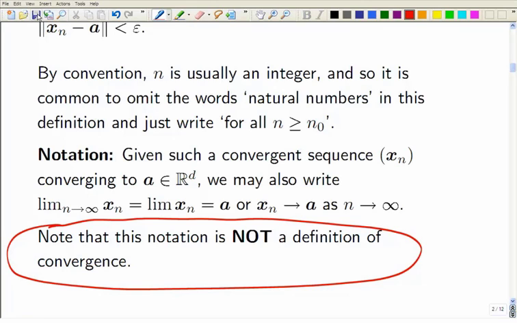I need a definition you can work with. I need the standard definition from the module. So you have to give a helpful definition. So these are just notation. Limit n tends to infinity xn is A, or limit of xn is A, or xn tends to A as n tends to infinity. That's just notation, but the definition is what we saw above. Okay, we'll stop there for today.